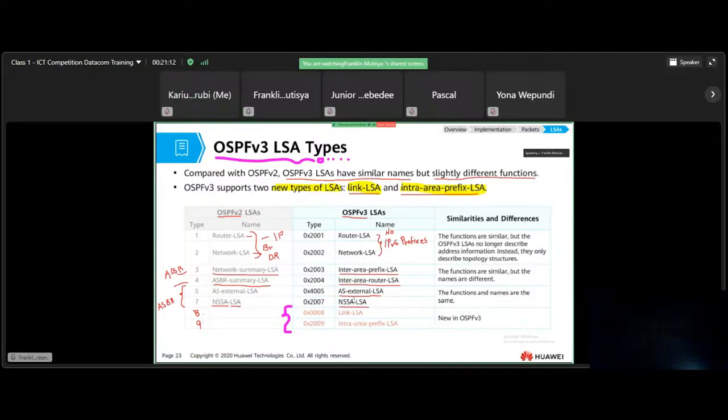These two have a similar kind of function, but they are used differently on an OSPF network.